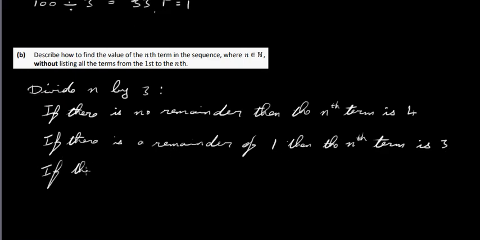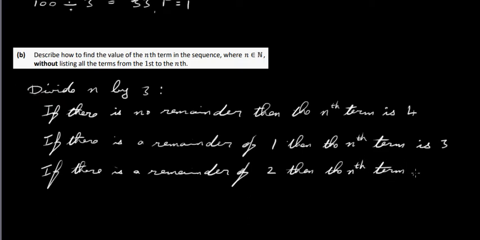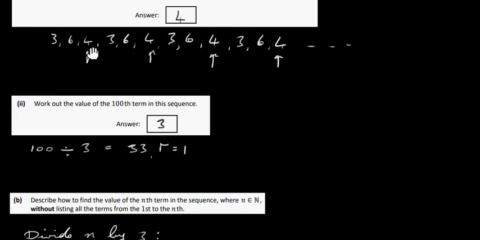If there is a remainder of 2, then the nth term is going to be the middle number here. So again, this is no remainder, remainder 1, remainder 2, and then we're back here again.